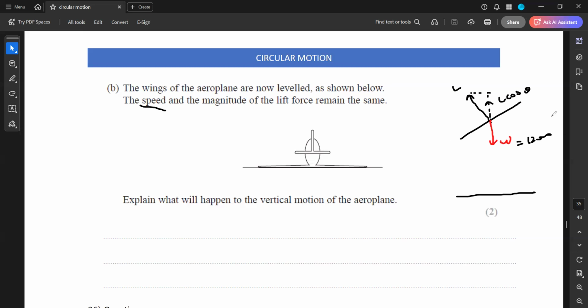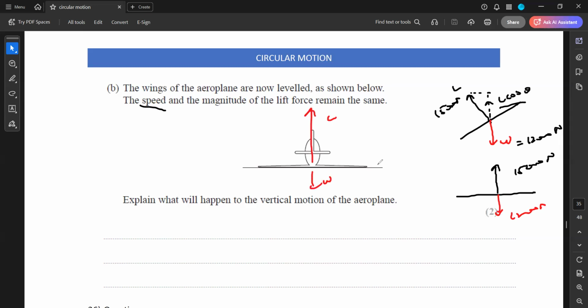The lift was not 12,000, it was more than 12,000, maybe 15,000 Newton, and the component of the lift was balancing the weight, so it stayed in the same horizontal position. But now it is exactly horizontal, so the lift has the same value; the value does not change. So as a result, there will be a greater lift than the weight.